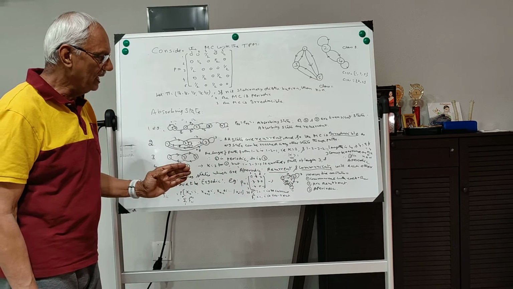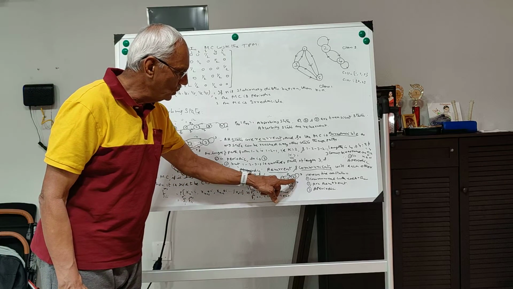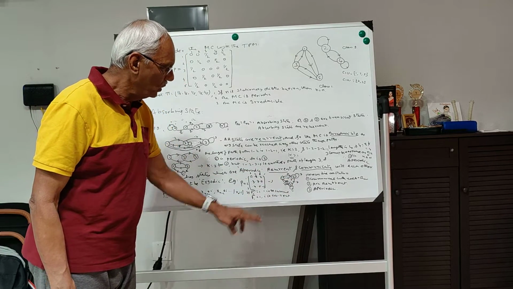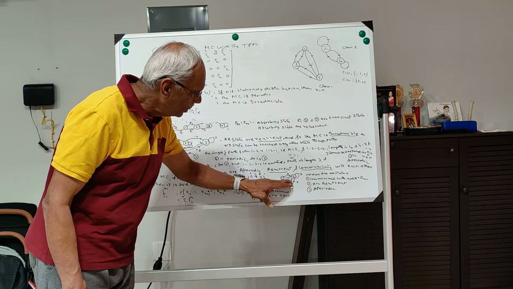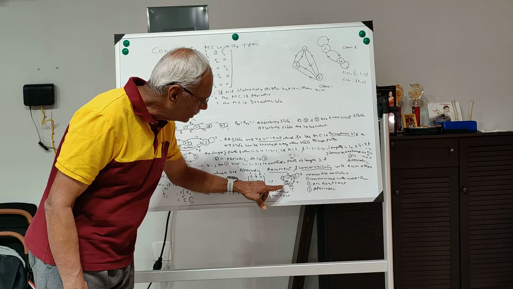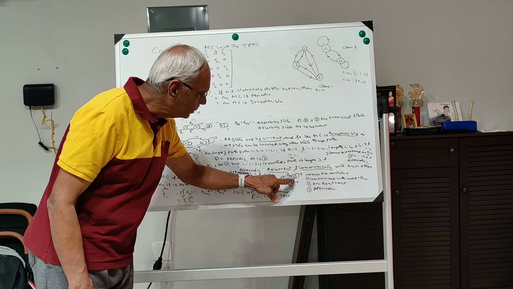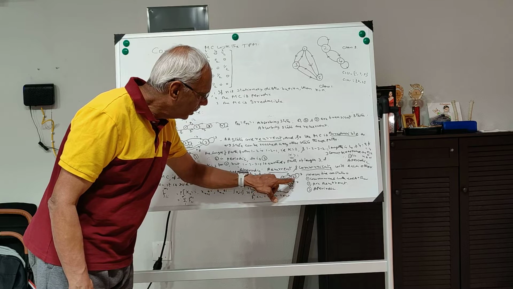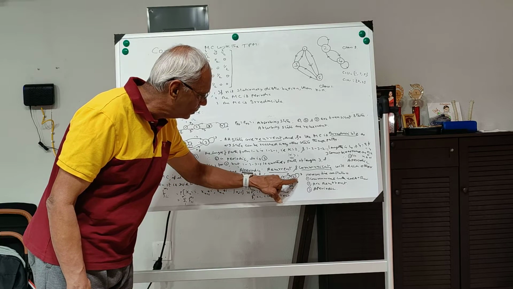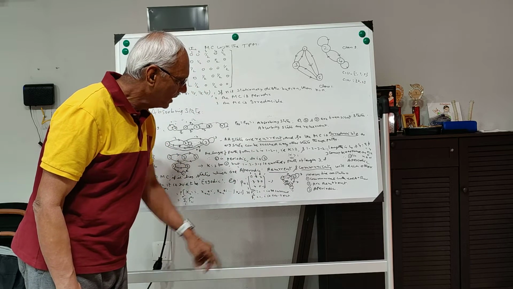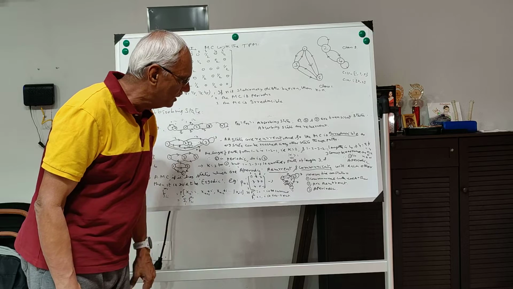You will find that here 1 to 2, 2 to 1 is possible. 1 to 2, 2 to 3, 2 to 1; 1 to 3, 3 to 2, 2 to 1 is possible. 2 to 1 and 1 to 3, 3 to 2 is possible.